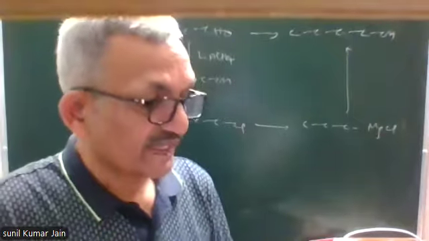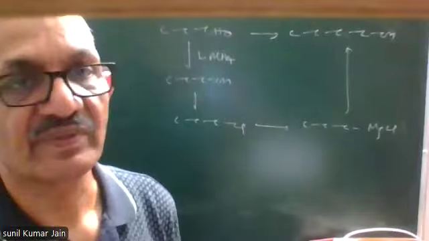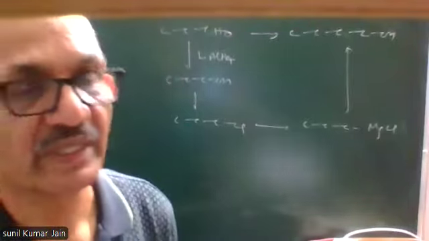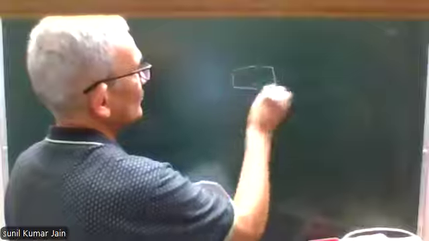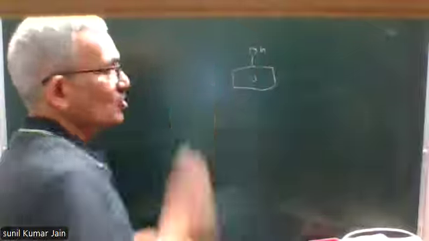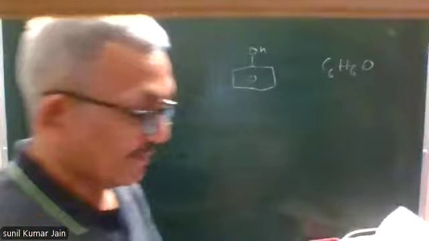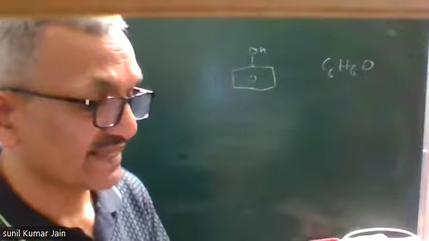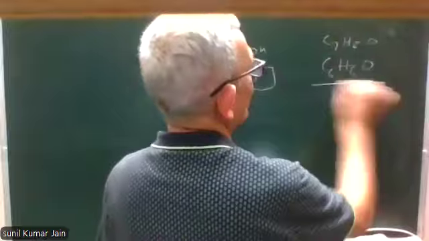Last question. Give the IUPAC name of the phenol. If I say the phenol, it means phenolic group is present. Look here, try to understand. So far, the formula is C6H6O. But the formula of phenol given is C7H8O.